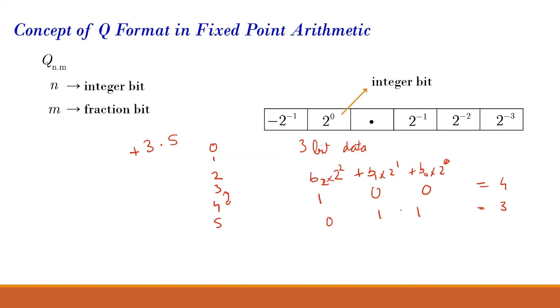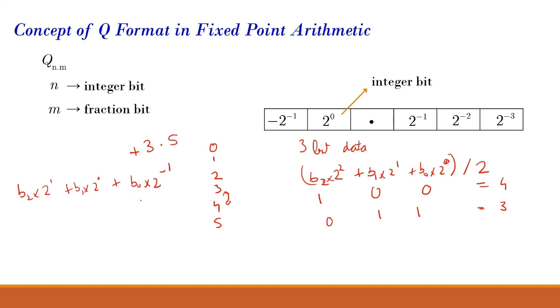Now, we will use a concept in which we add a decimal point. We will scale it as B2 into 2 to the power 1 plus B1 into 2 to the power 0 plus B0 into 2 to the power minus 1. So we are dividing this by 2, and I get it in this format.